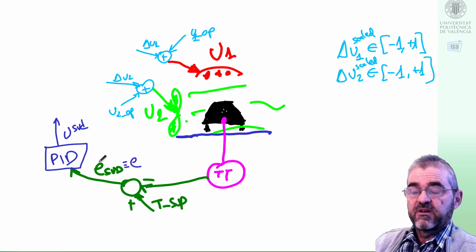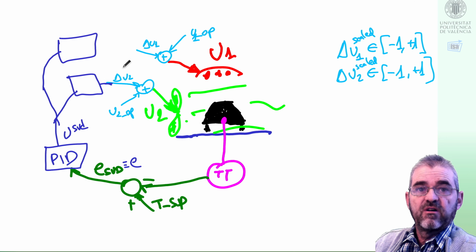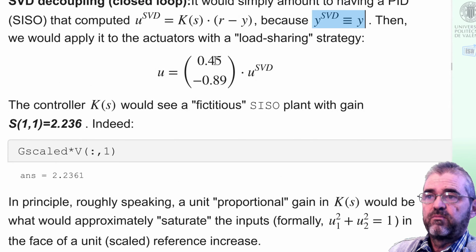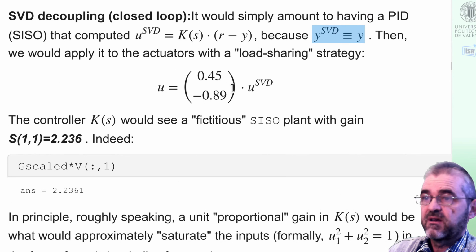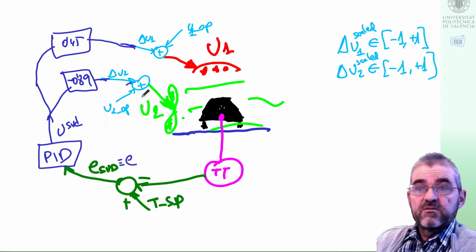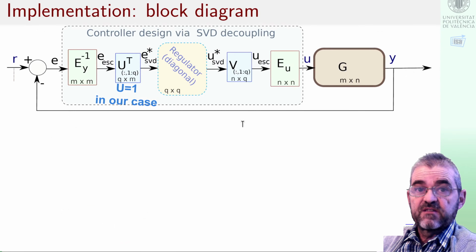it has transformed units because it's a virtual output that indicates how to share the load among the physical actuators, so that USVD would be multiplied by each of the coefficients in the principal maneuver input direction, 0.45, minus 0.89, and this would be the block diagram interpretation of this SVD decoupling.